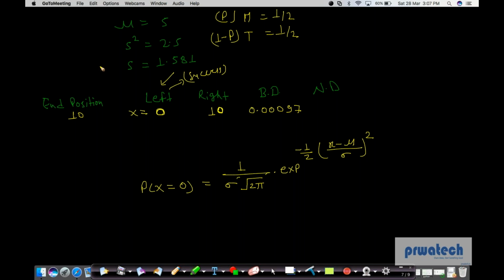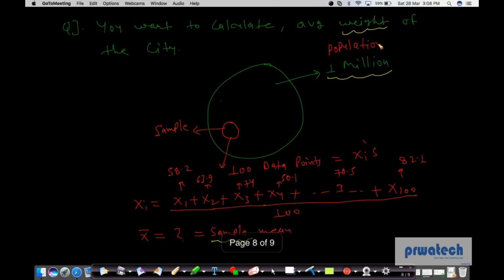But since I have sample data available, this S is the sample standard deviation, right? If I do not have whole population data, just like in the example here, when you want to check the weight of a whole city of 1 million population, it is not practically possible to visit all the people and ask their weight.